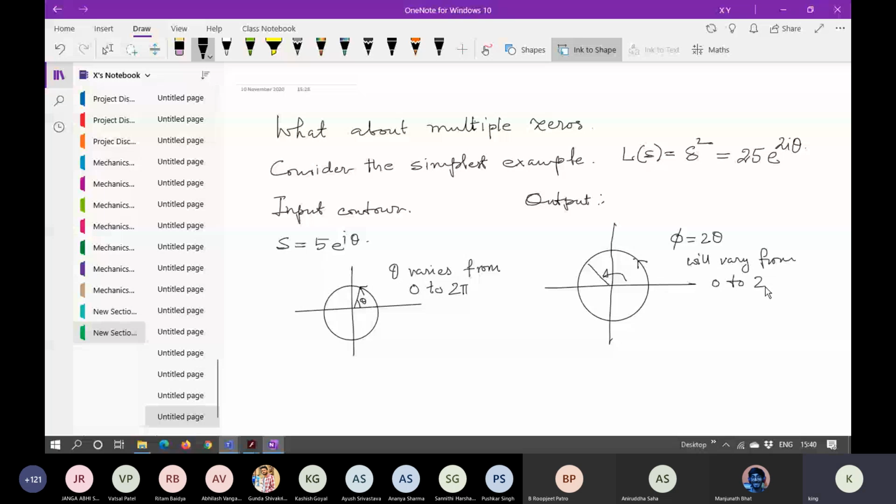So when you have two poles, two zeros, you are going to see two traversals over 2 pi.